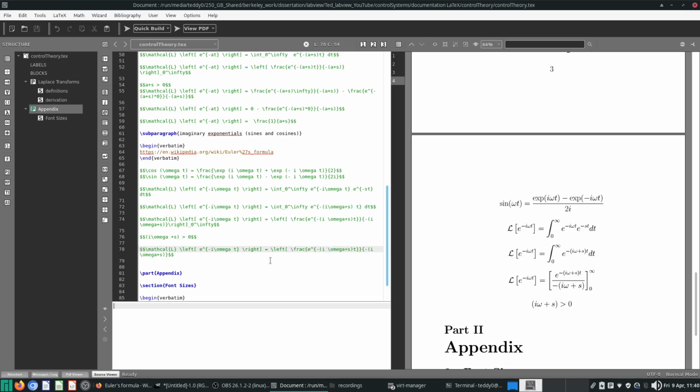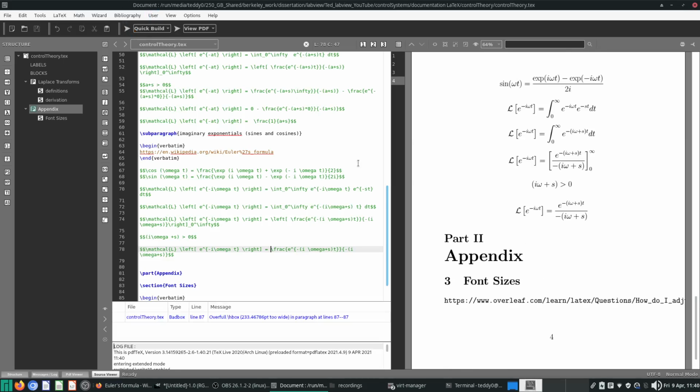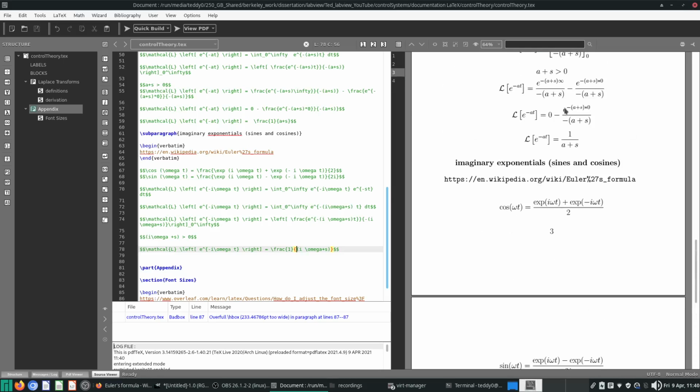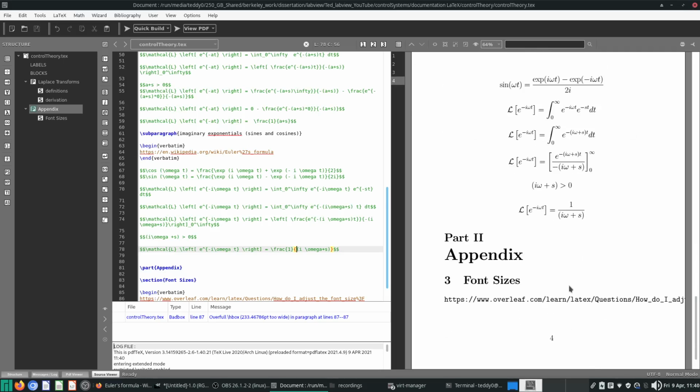It's just imaginary exponentials, so this thing will just drop to 0. And then the negative sign will actually just disappear. Why? Because, as you saw earlier, the negative signs here cancel each other out and just disappear.